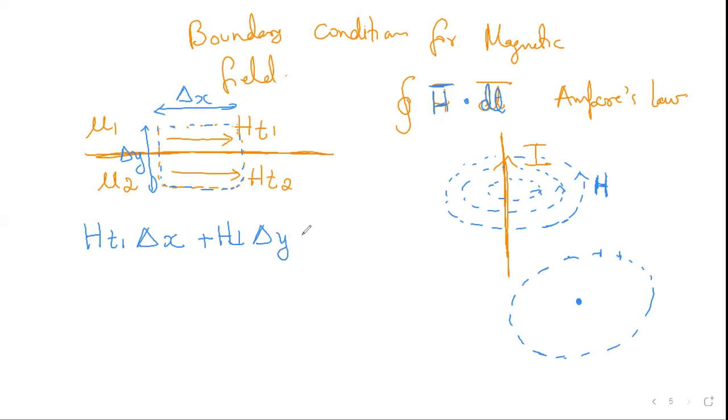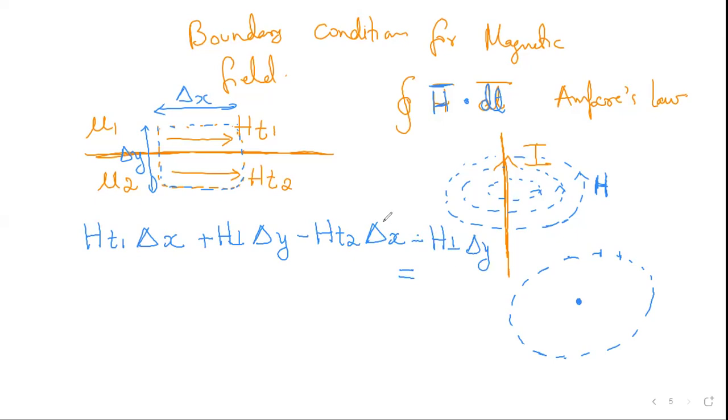Then minus HT2 delta x, and then the H perpendicular will be opposing the earlier H perpendicular, delta y, equal to what?